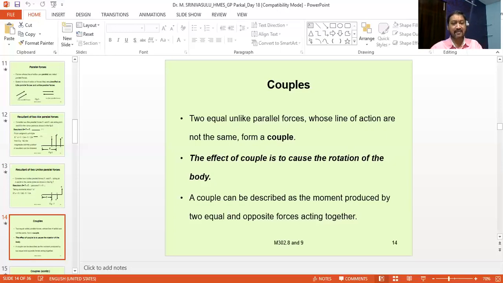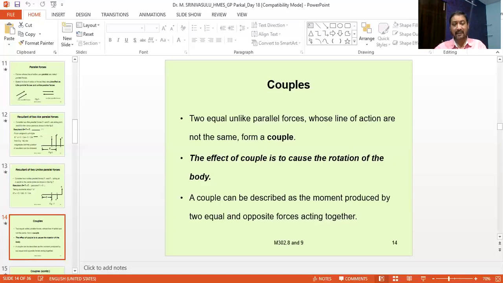We know very well that in the case of the moment of a force, the moment is the force into the distance between the two forces. The main effect of the moment of a force is to produce the turning effect. Here also the same thing will happen.